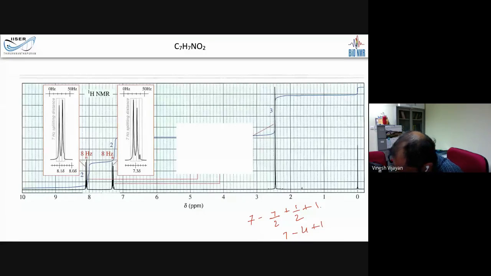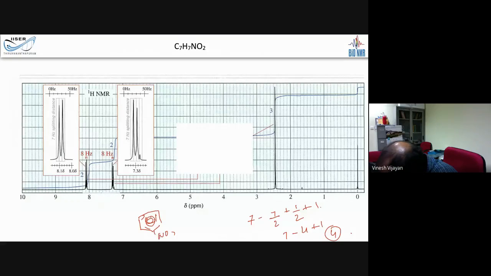So that is 4. There are 4 unsaturations, and that is taken care of here, right? You have the ring, that will be 1 unsaturation because of the benzene ring, and you have 3 double bonds. So 3 plus 1, 4.